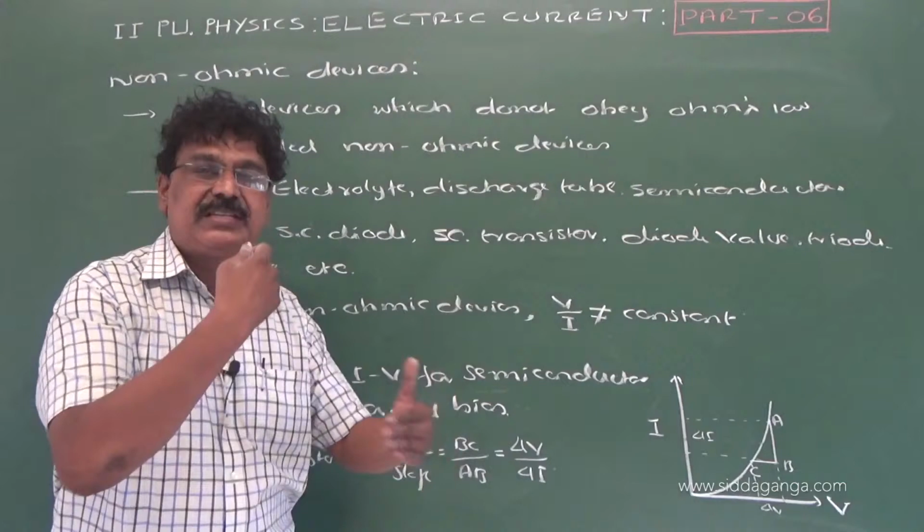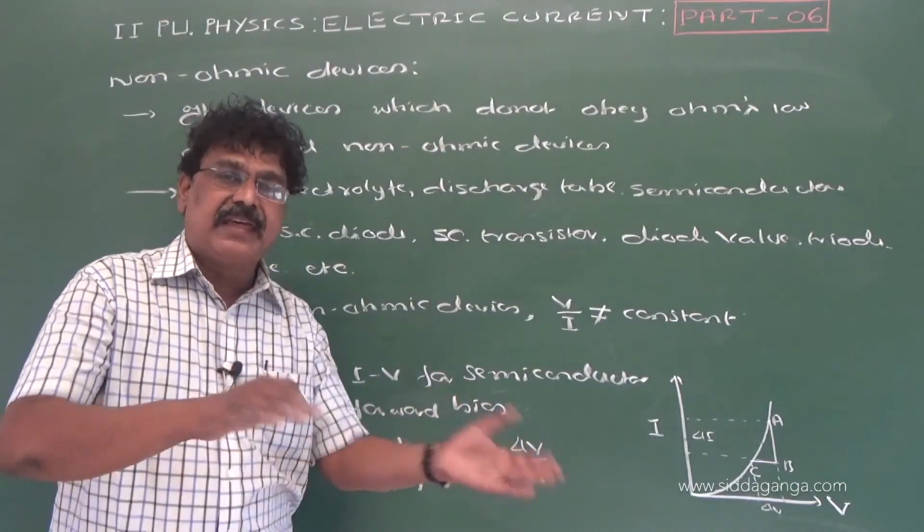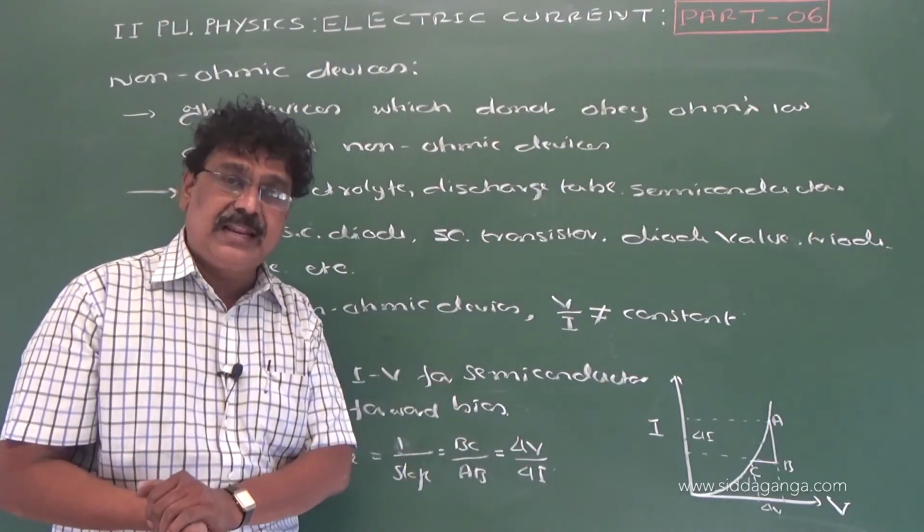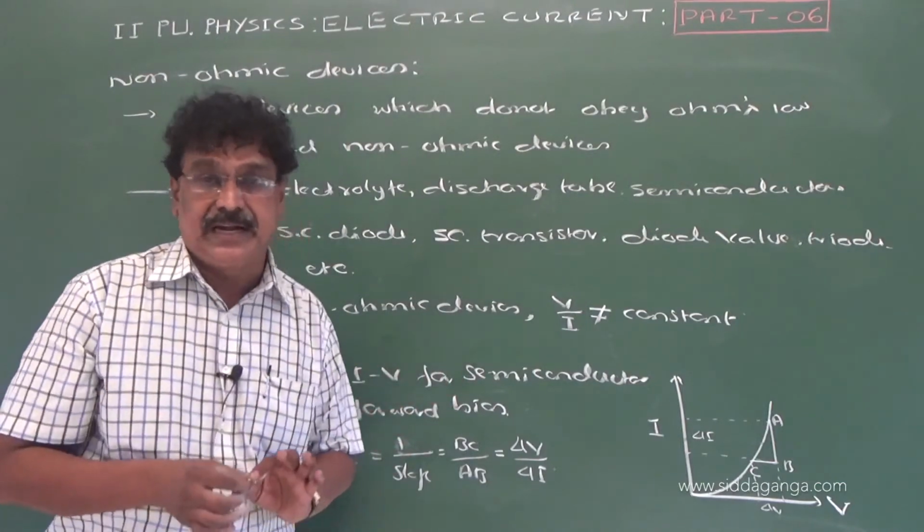If I change the polarity, then it is called reverse bias. Then the nature of curve will be different.